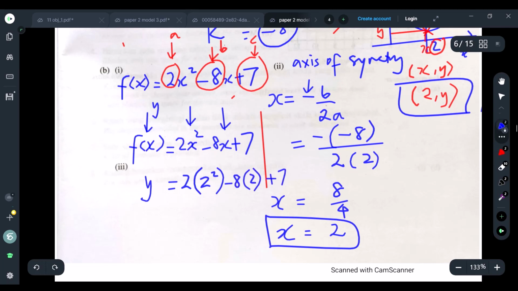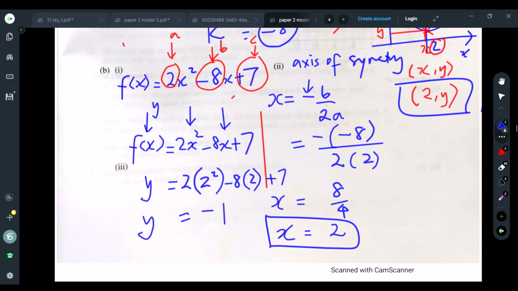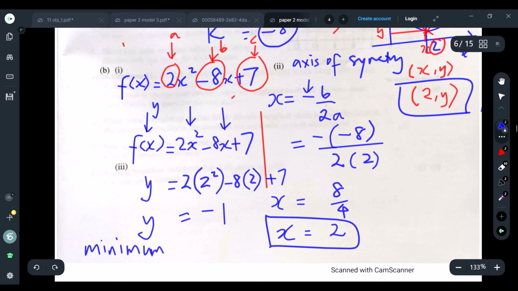You'll get y equal to negative 1. So the minimum point is (2, negative 1). Okay, so this is the answer.